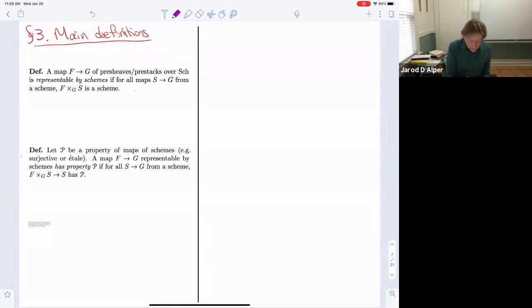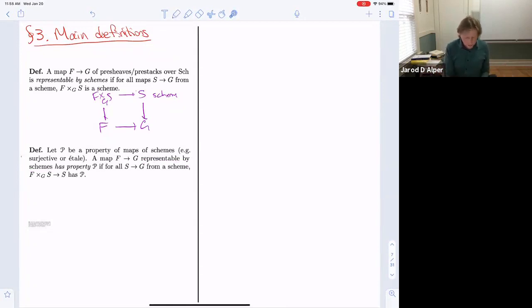So in other words, I have F to G, I take a scheme S, and I'm requiring that this fiber product is always a scheme. And then once you have a morphism F to G that's representable by schemes, you can define properties of morphisms.